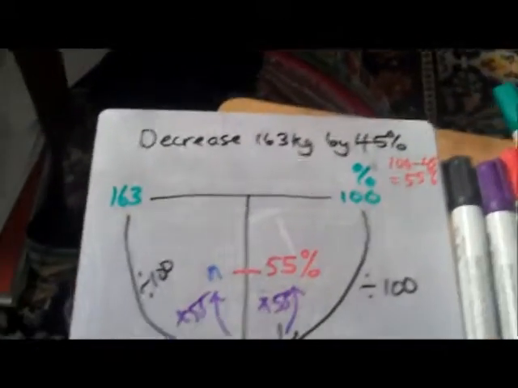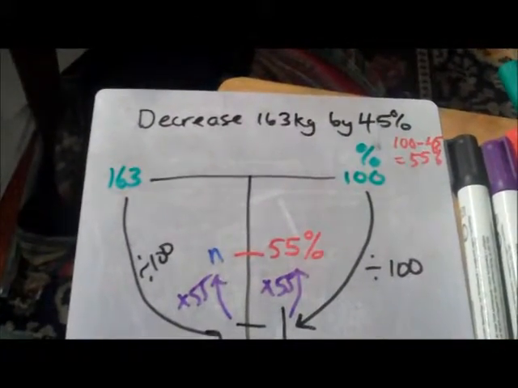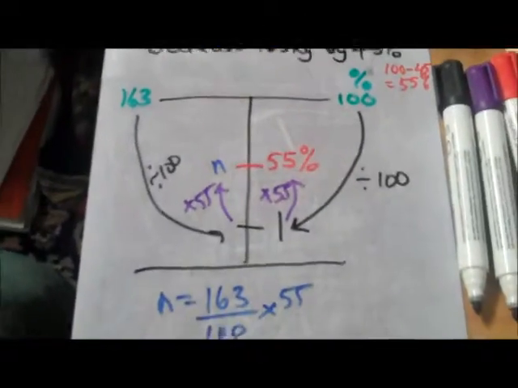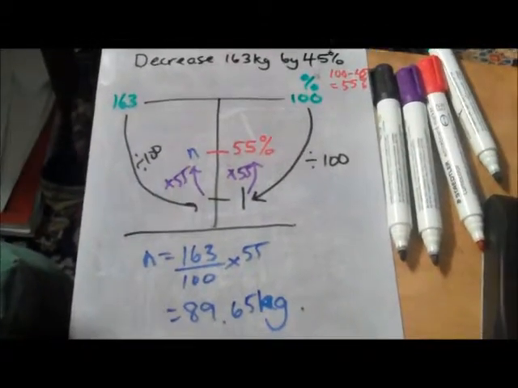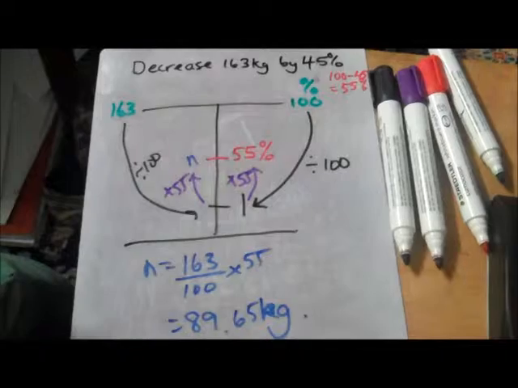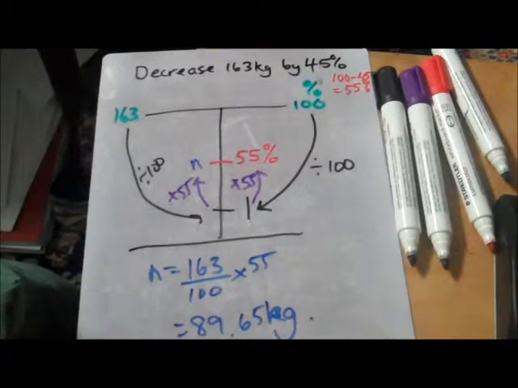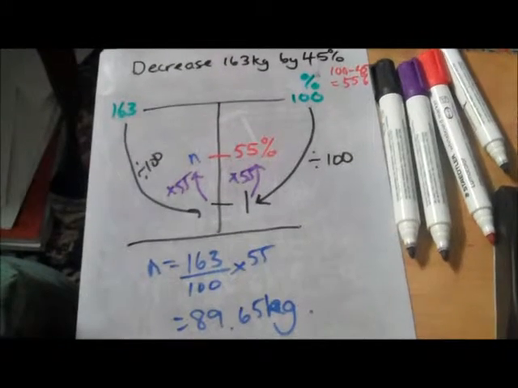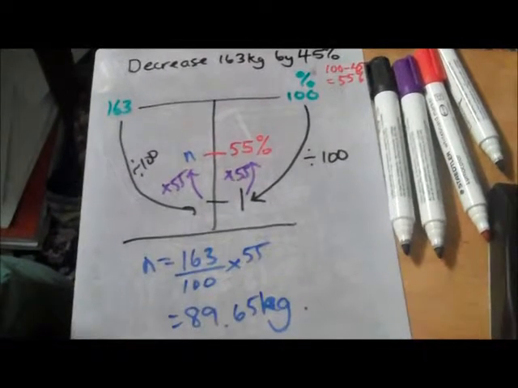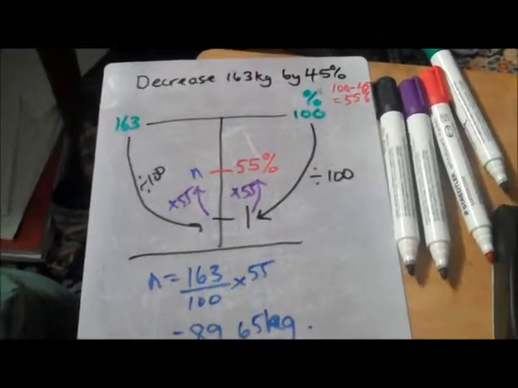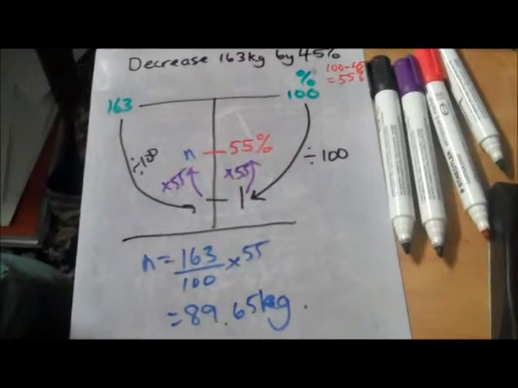So decreasing 163 kilos by 45% gives me an answer of 89.65 kilos. Think about it, even just before you start, what's 50% of 163? Well, 50% of 160 is 80, so it has to be a little bit higher than that because I'm only taking away 45%.